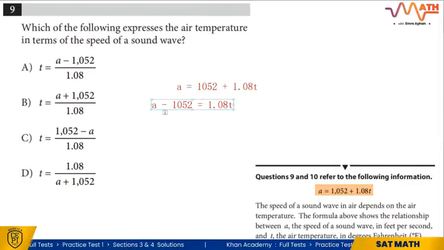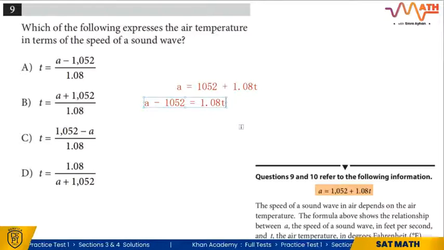This is a simple question. Then you will divide it by 1.8, right?